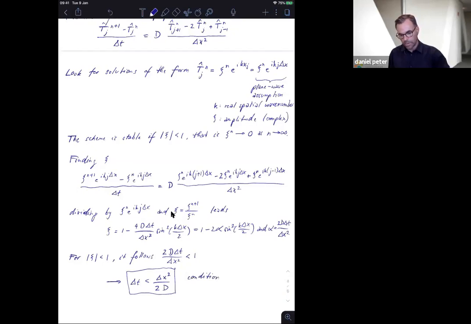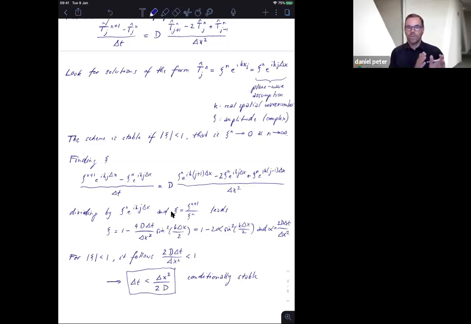So there is a condition on the time step imposed when we choose a certain grid stepping, so that the space discretization and the material property D determine what time step size we can choose.